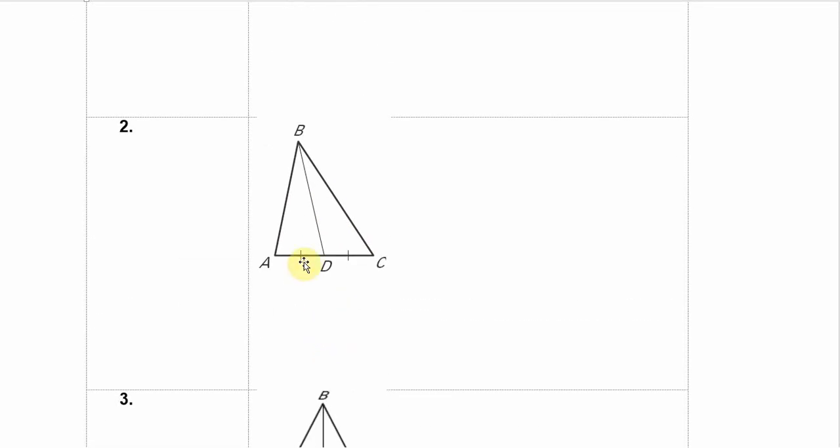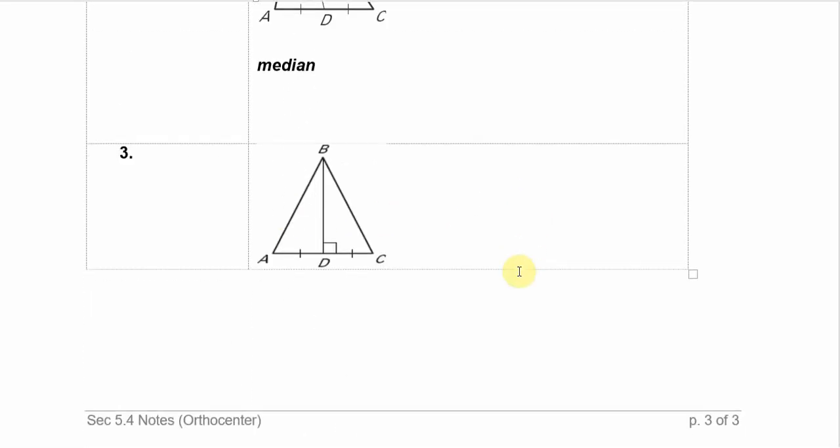Now in this case, we can see that this is not an altitude because this angle down here is not perpendicular. It's not 90 degrees, but this line segment BD does bisect the opposite side. So this line is at least a median. It's not a perpendicular bisector because there's not a 90-degree angle there. Okay, and here in this case, it's actually all three of them.